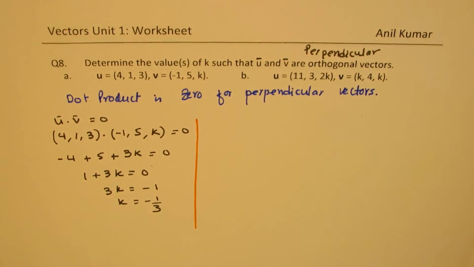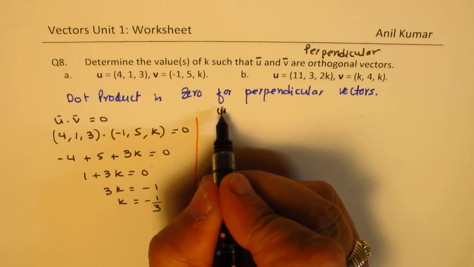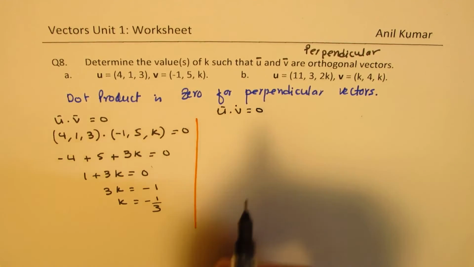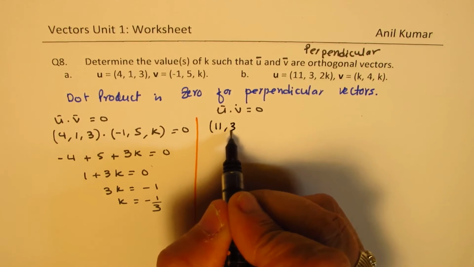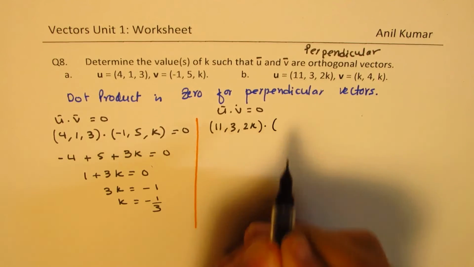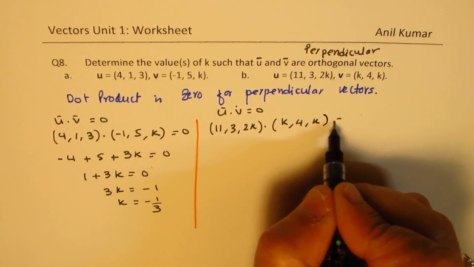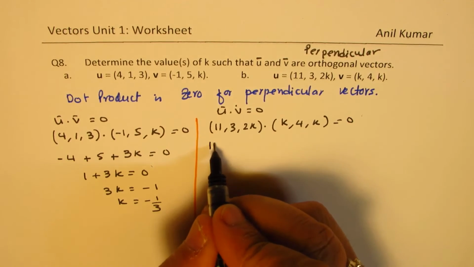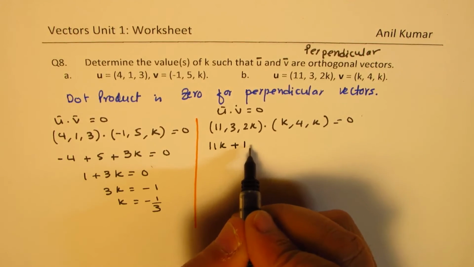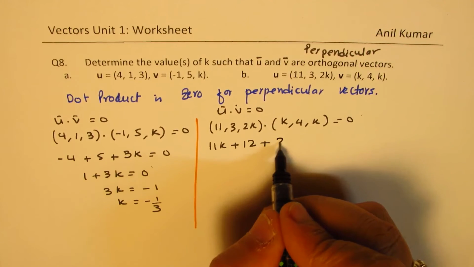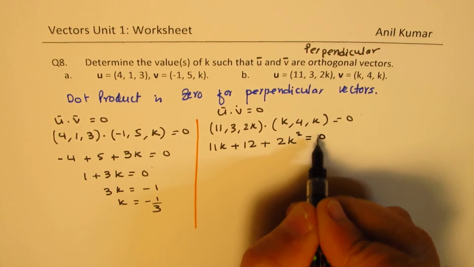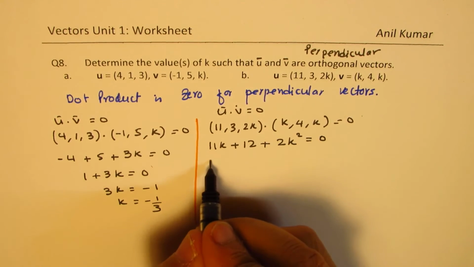The second part, let's again do the same thing. u dot v equals 0. We have (1, 1, 3, 2k) dot (k, 4k). So that's a quadratic equation equals 0. So we have 11k plus 4 times 3 is 12, plus 2k squared equals 0. Okay, let's rewrite this.